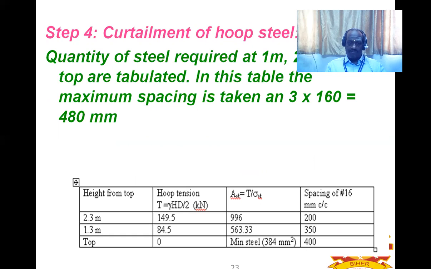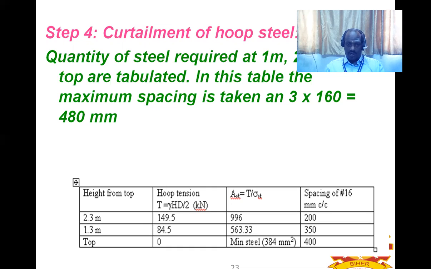The height from the top we can take; at the top the hoop tension is zero, whereas at 1.3 meter it is 84.5. Using gamma h d by 2, we change the depth from the top, and we can find out the different tensions.